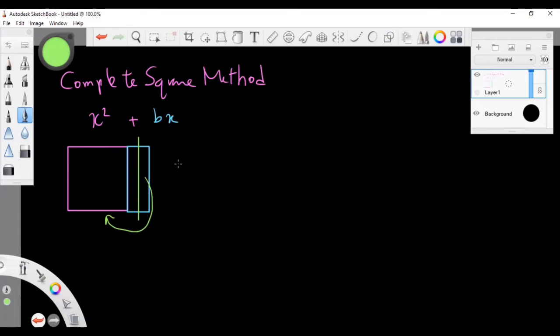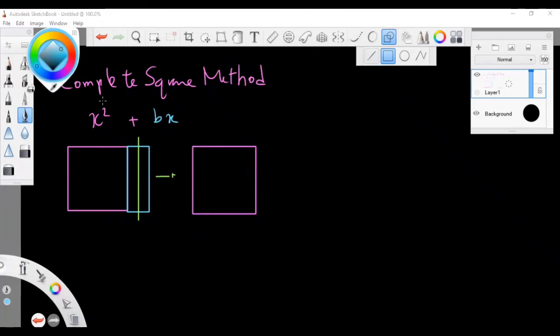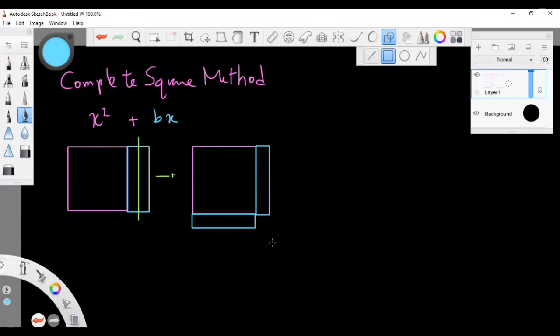So I just redraw it one more time. So this will be the purple one, the x square, right? And then you cut the blue part by half. So this is b over 2, and then this is b over 2 again, right? I just move the part.